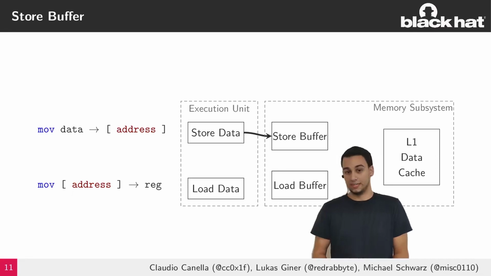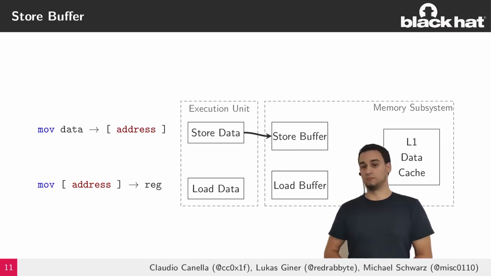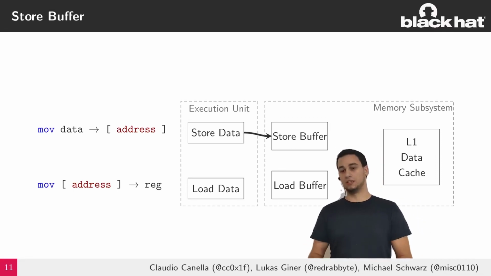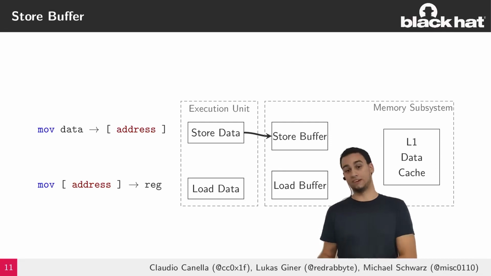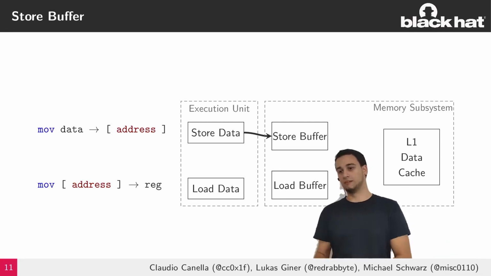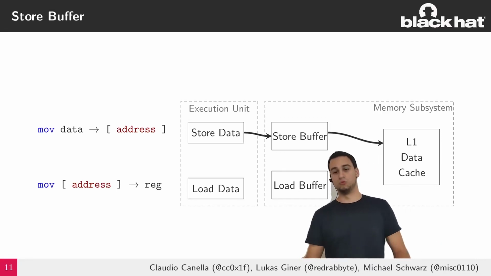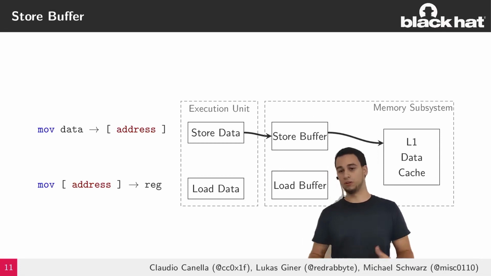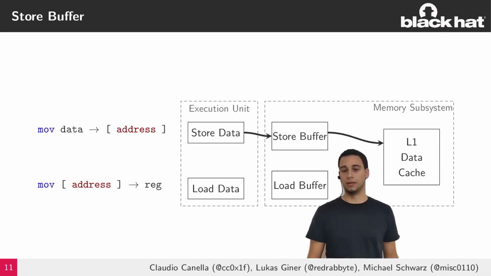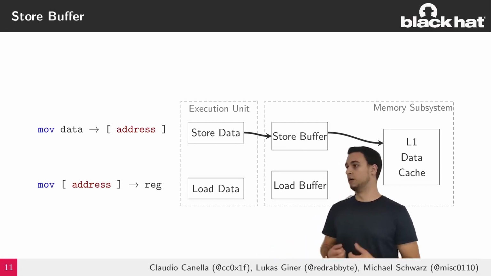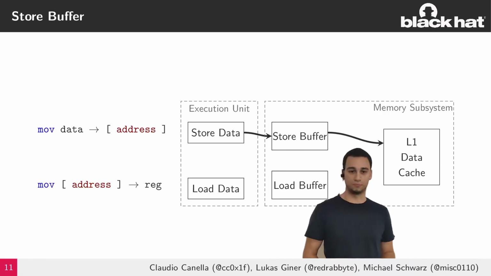It has to store some data, and for that, it uses the store buffer. The store buffer helps that it does not have to wait for the store to actually complete. It just throws it in there, and then the store buffer handles the rest of it. And the store buffer then can go to the L1, store the data in the L1 if there's space in the L1. And in the meantime, the execution unit can already continue with some other instruction. You've said that before with this out of order execution.